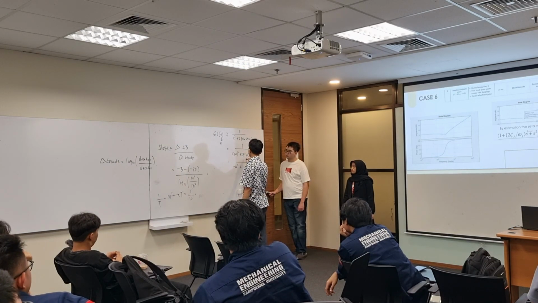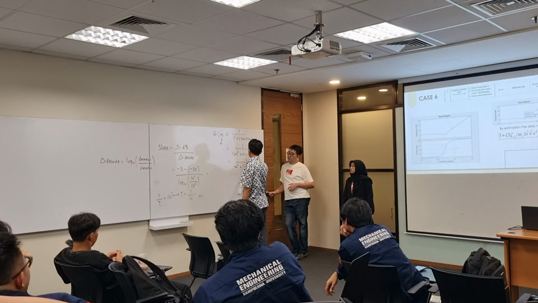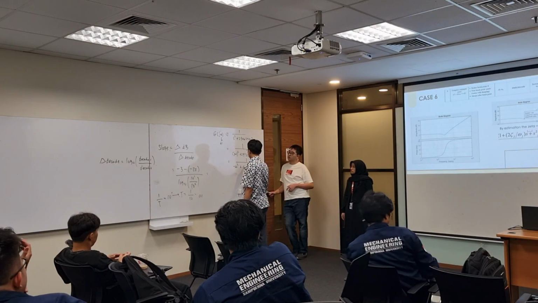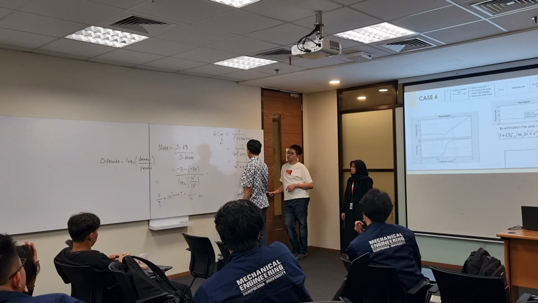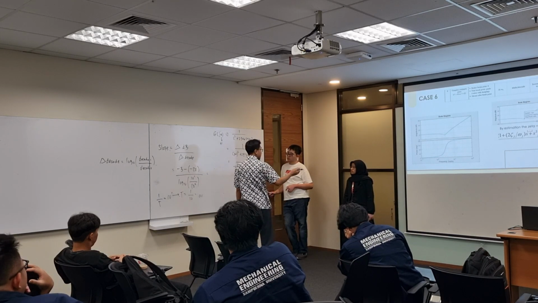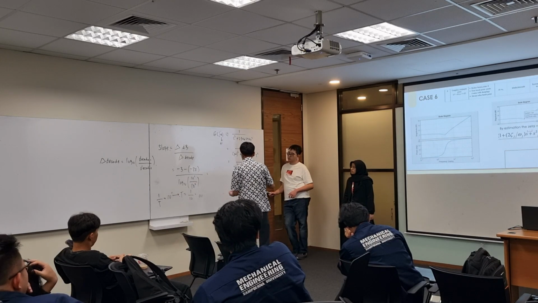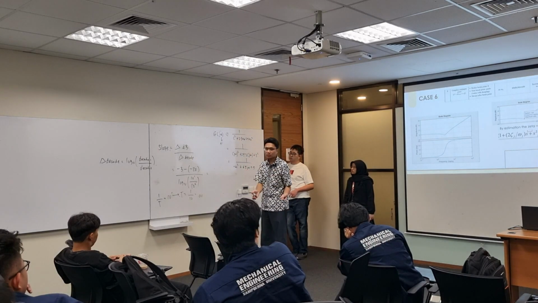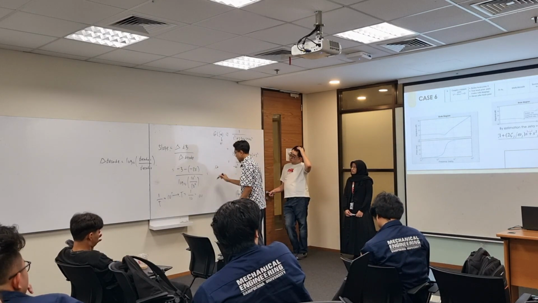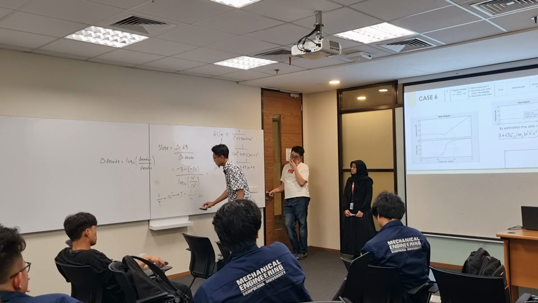This one becomes, this is 3 also. Oh, sorry, 6 zeta j omega and then plus 9. We know that omega n is 3, and then we want to check the magnitude at 3 radian per second, right? So we put omega equal to 3 radian per second also.